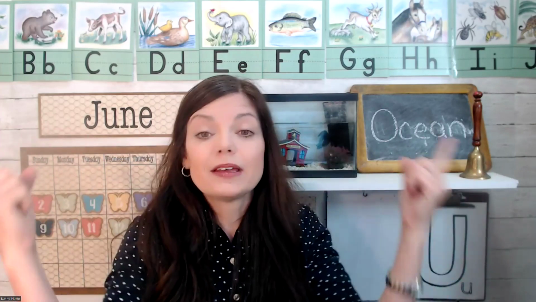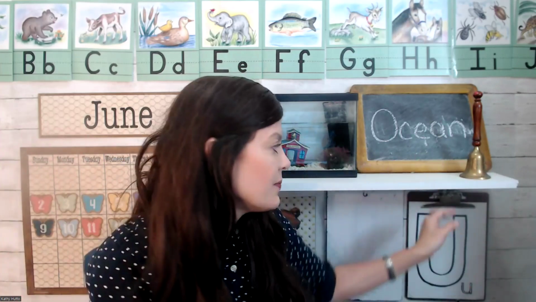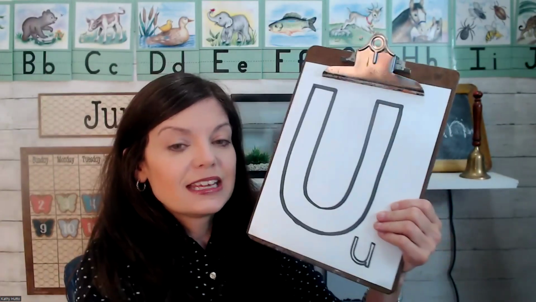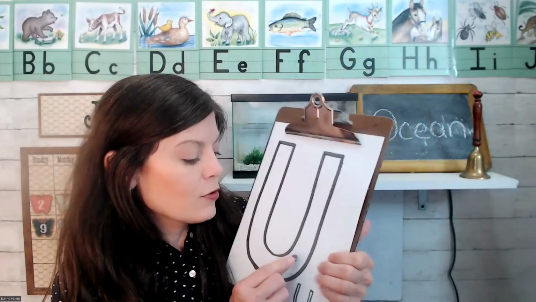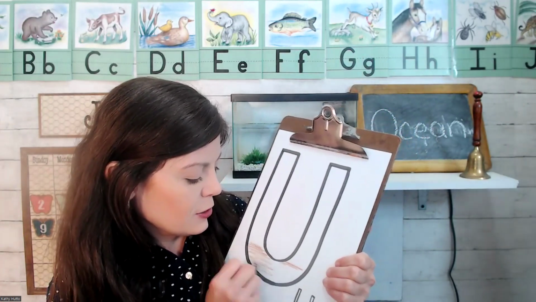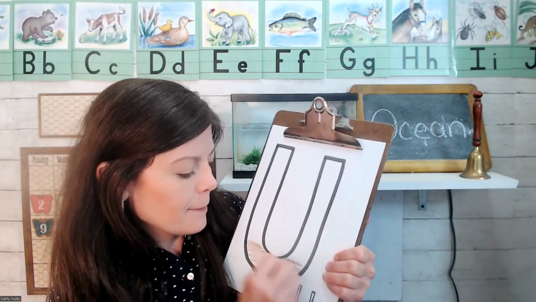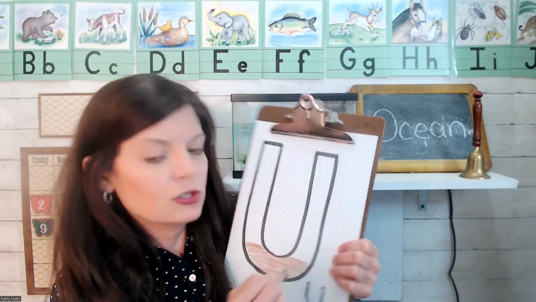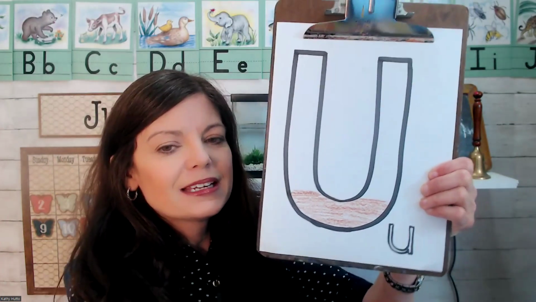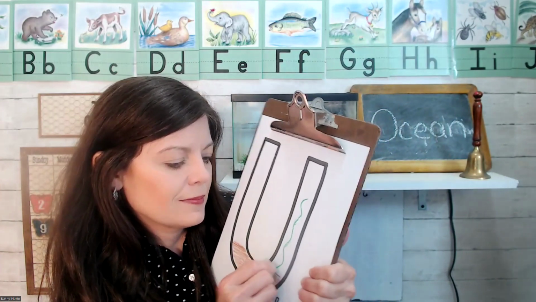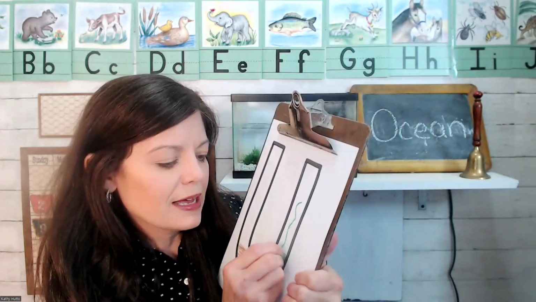This whole week, we've been talking about the ocean. So we're going to make this look like it's under the sea. First, I'm going to take a brown crayon and color lightly around to look like the sand down under the sea. And then I'm going to take green and make some seaweed. Do some little squiggly lines.